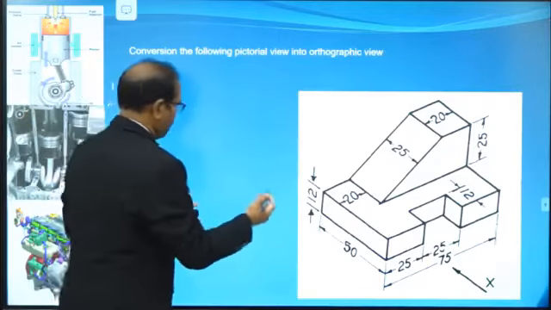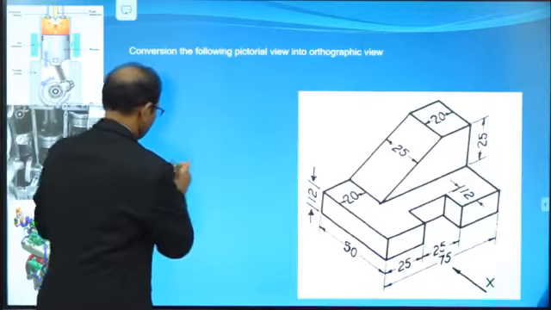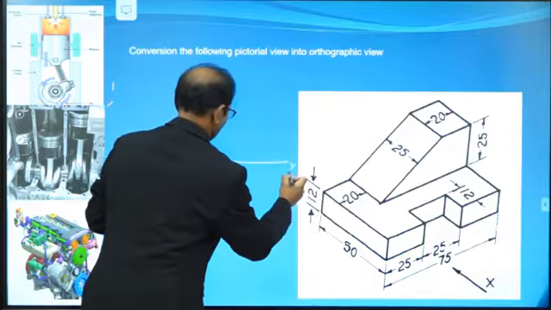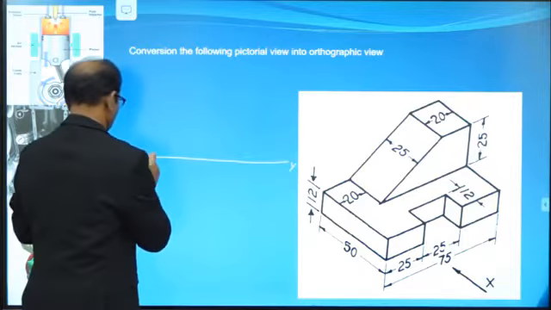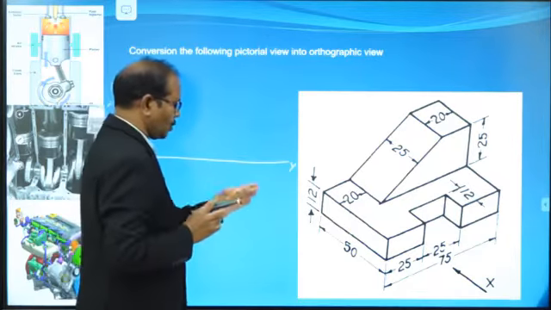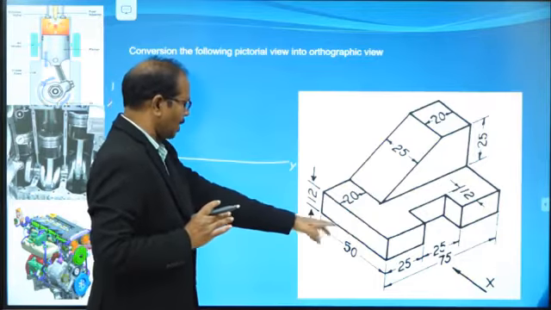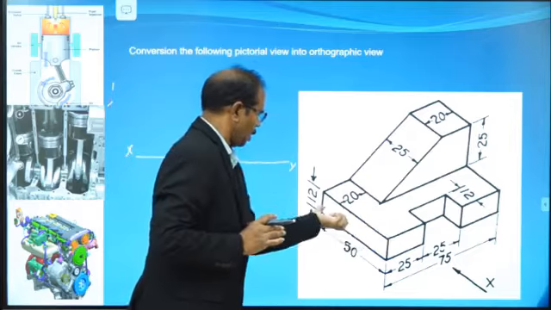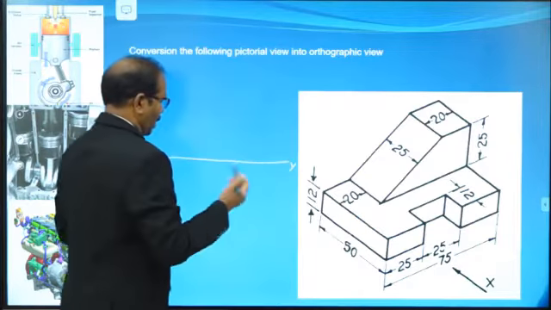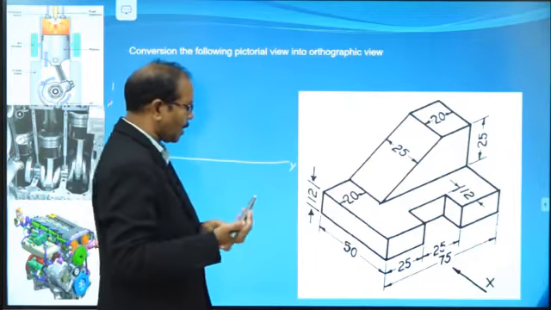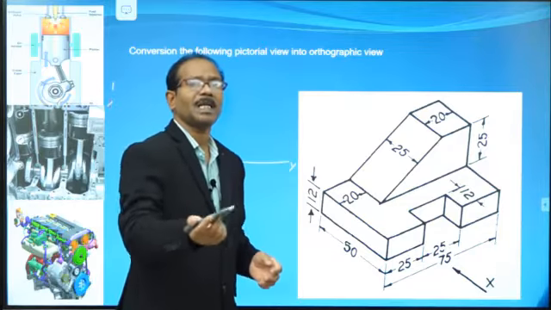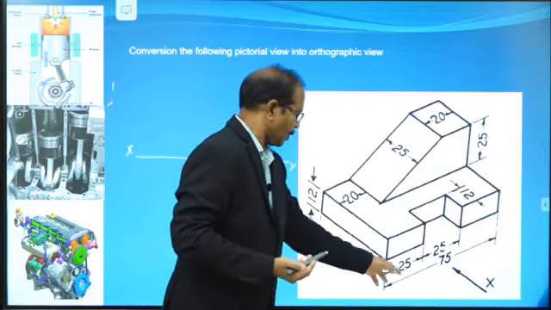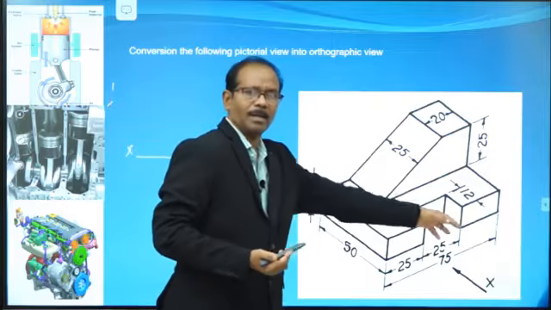Now draw the front view and top view of this object. What I told: only consider 75 and the 12 mm thickness of this plate. Assume this plate is 75. The 75 can also be drawn as a combination of three lines: 25, 25 and 25.